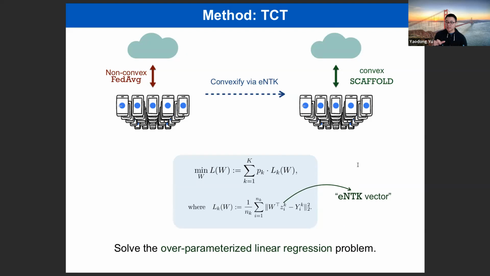But later we found that doing some random subsampling from this huge vector still works pretty well. Without the subsampling, the dimension of this vector is the same as the number of parameters of the network.